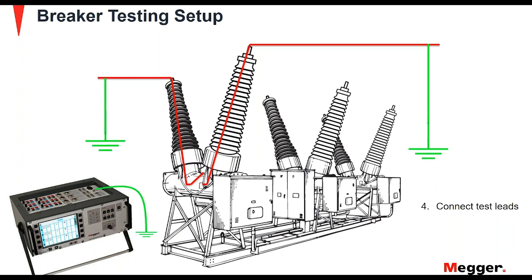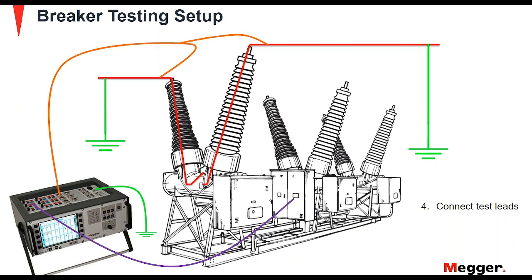You'll first make sure that you are grounding it. You will connect your control leads, the trip coil, close coil. If you have open 2 or trip 2, you can connect that as well. Then you will connect your timing measuring leads to each phase in your breaker.